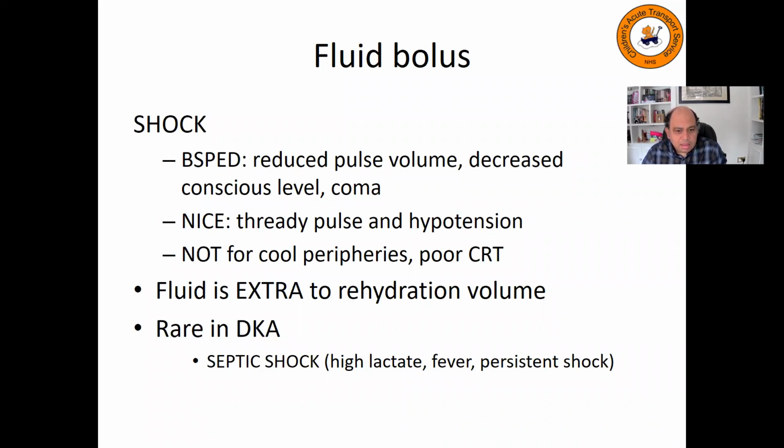I think septic shock is reasonably common, because we have seen a few patients with pneumococcal sepsis and streptococcal sepsis who have presented with DKA as their first presentation and have been quite difficult to recognize. So just remember, septic shock can be a complication and a confounder.